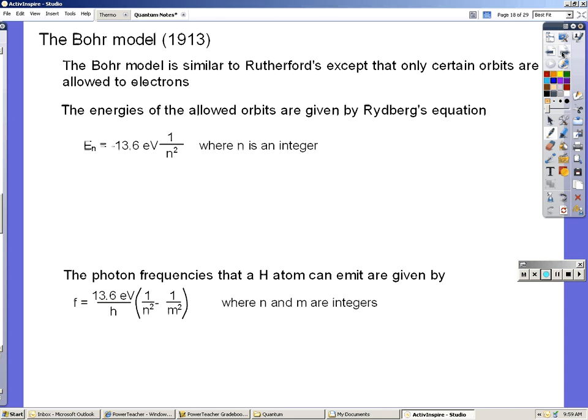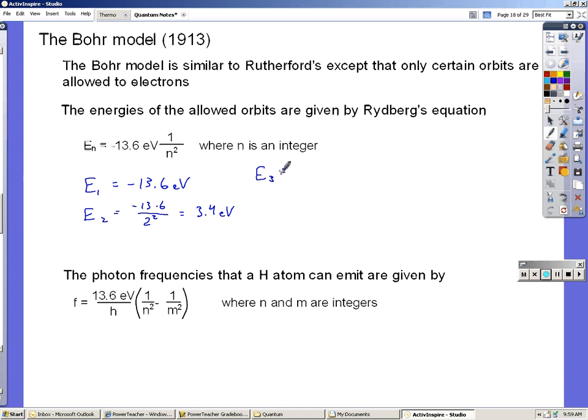The energies of the allowed orbits are given by something called Rydberg's equation, where the nth energy level is negative 13.6 eV times 1 over n squared. So E1 is negative 13.6 electron volts. E2 is negative 13.6 over 2 squared, which is negative 3.4 electron volts.